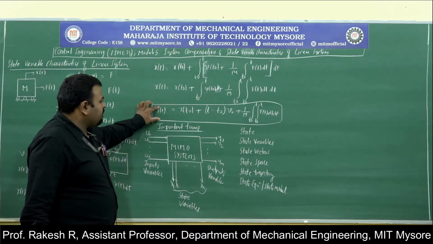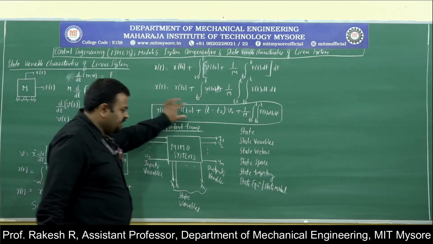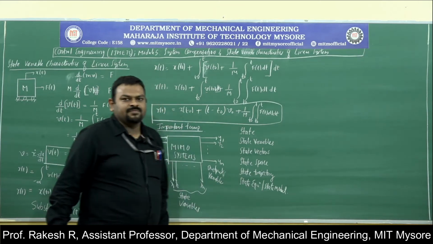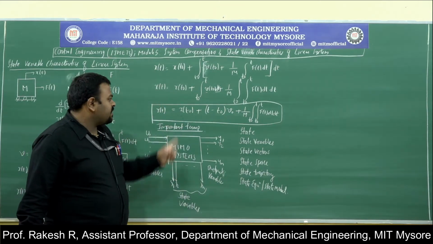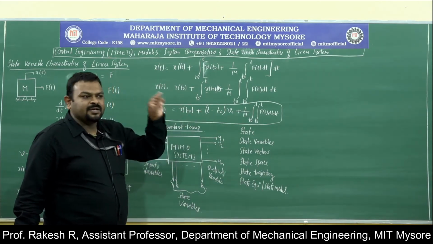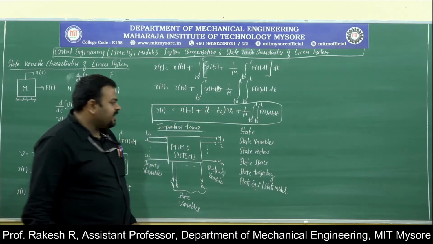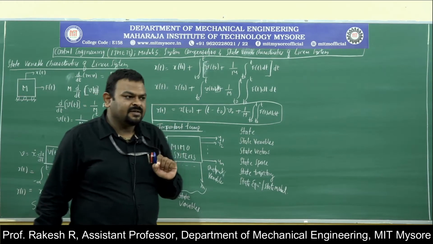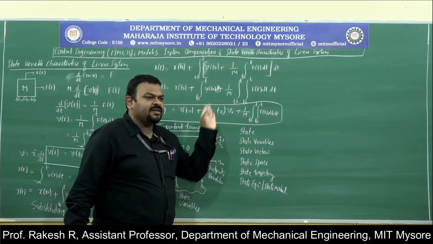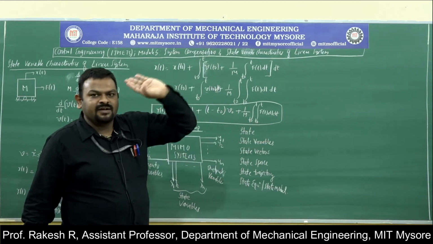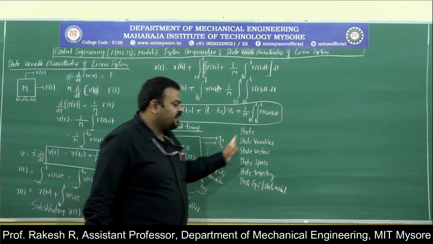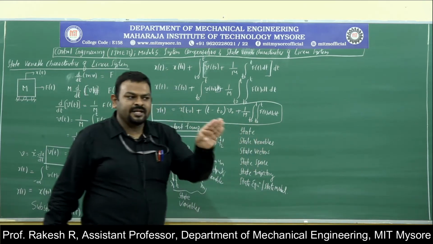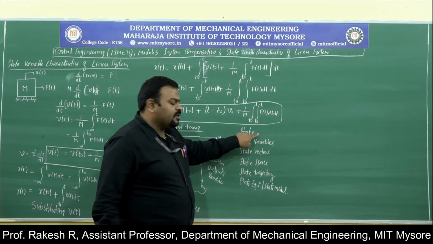And x of t naught, these are nothing but states. If I represent x of t naught, that is the initial state. If I write anything with respect to time 0, then it is called a state. If I write anything after t1 to tn, after the initial state, x1, x2, x3, x4, x0 is a state.